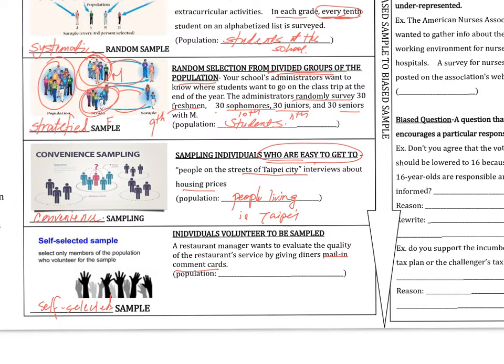So we call this self-selected sample. So the population here would be the people who have eaten at the restaurant.